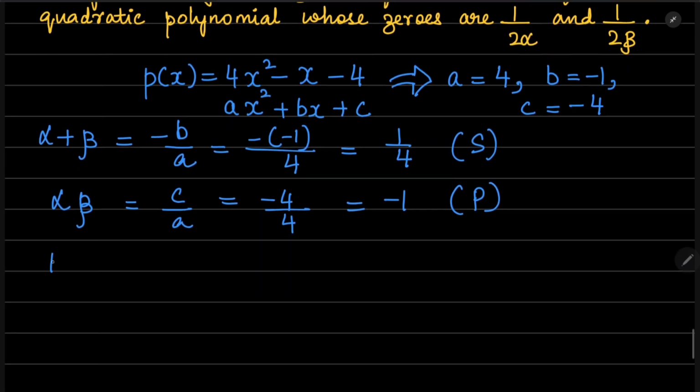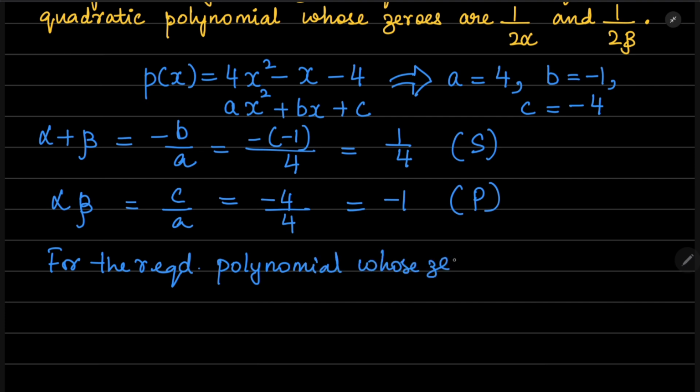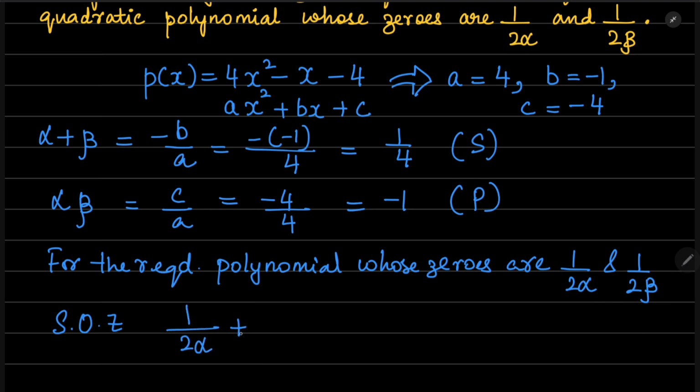For the required polynomial, whose zeros are given as 1 by 2 alpha and 1 by 2 beta, let us calculate the sum. The sum of zeros is 1 by 2 alpha plus 1 by 2 beta.